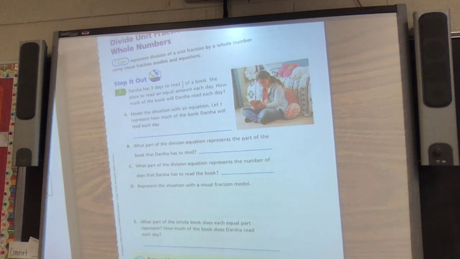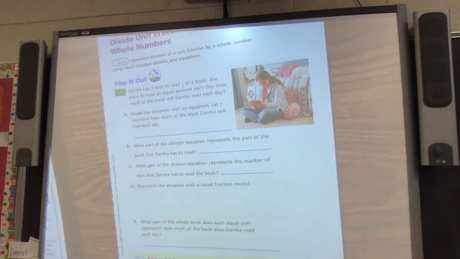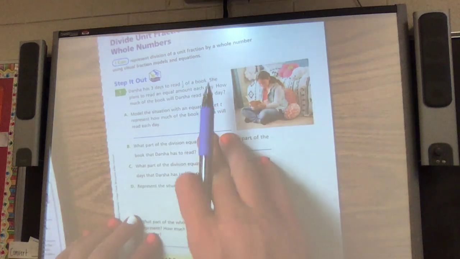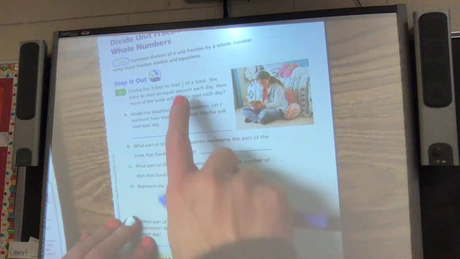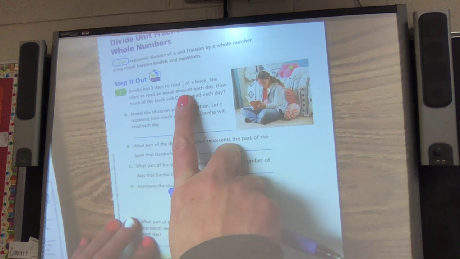So the first thing we have to figure out is, what are we dividing? What is the number sentence that we need to write? And it says, model the situation with an equation. Let R represent how much she's going to read each day. So right now we have to decide, am I dividing 3 days or am I dividing the book?